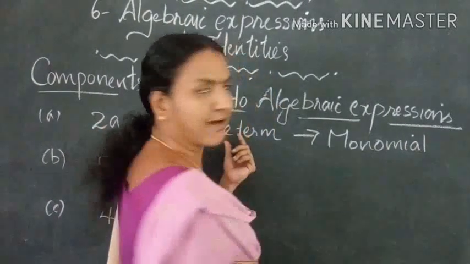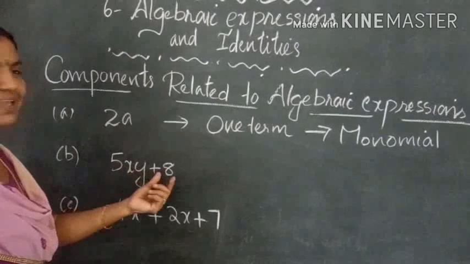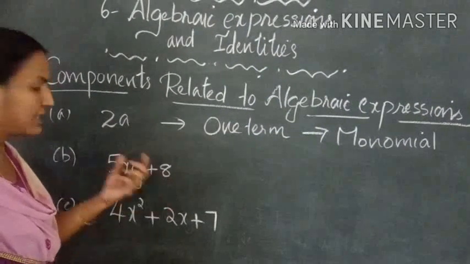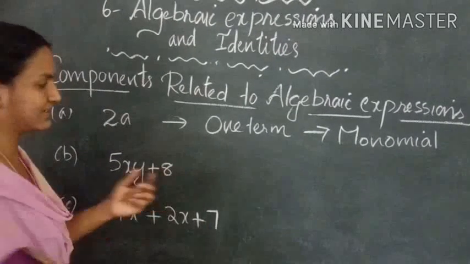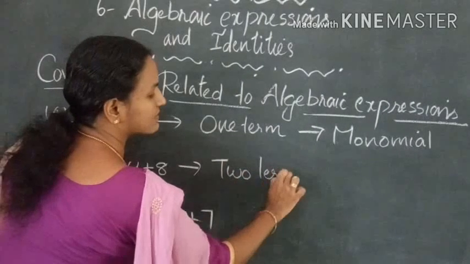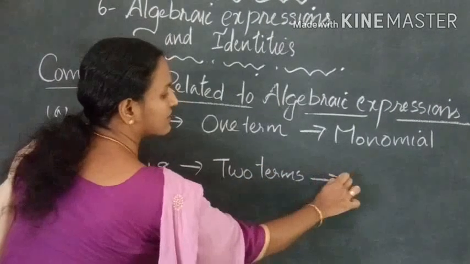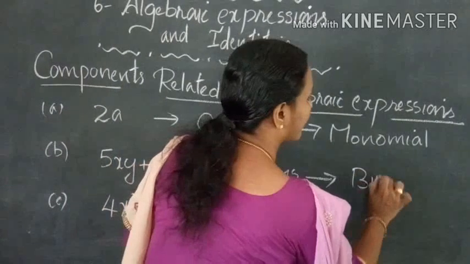Mono means 1. The second algebraic expression, 5xy plus 8, has two terms. The first term is 5xy and the second term is 8. Since there are two terms, it is said to be binomial.